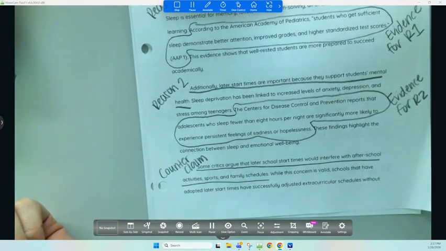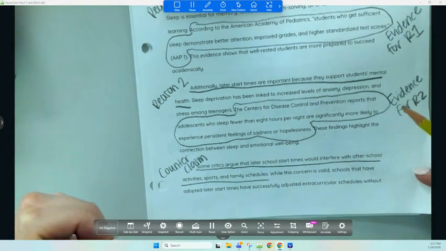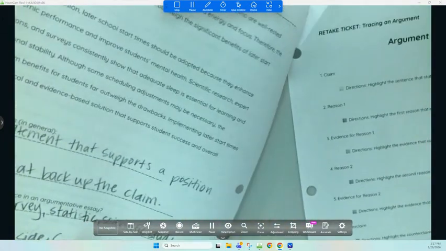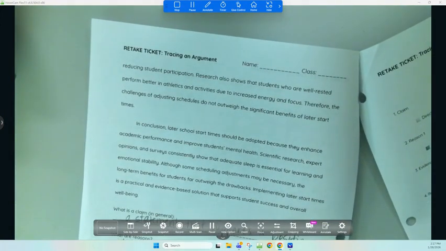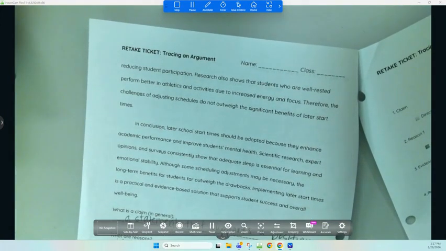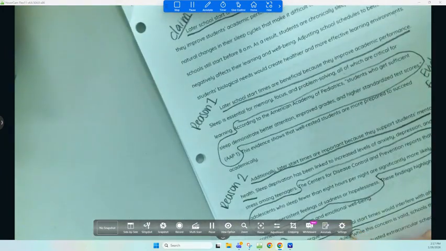While this concern is valid, schools that have adopted later start times have successfully adjusted extracurricular schedules without reducing student participation. Research also shows that students who are well rested perform better in athletics and activities due to increased energy and focus. Therefore, the challenges of adjusting schedules do not outweigh the scientific benefits of later school start times. I would just say it's this sentence.